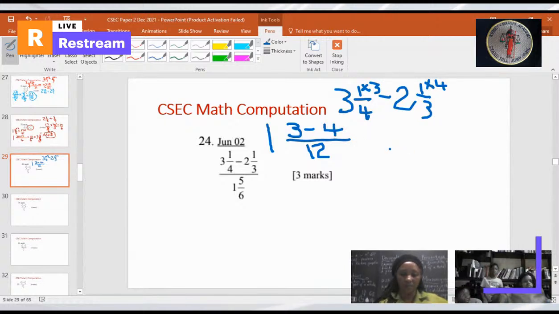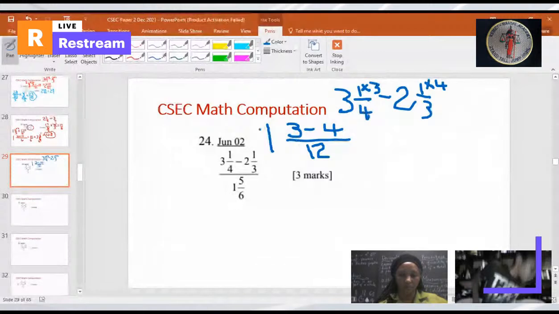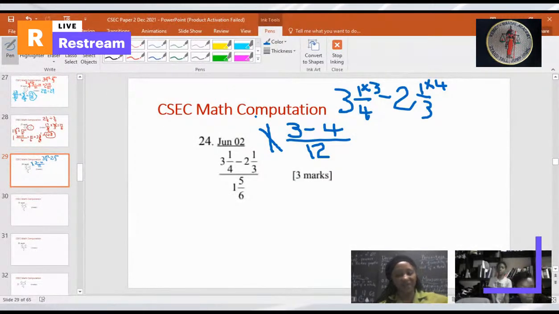And after that, you take 1 whole from the 1 and bring that over as 12. How much is left when I do that? 0.